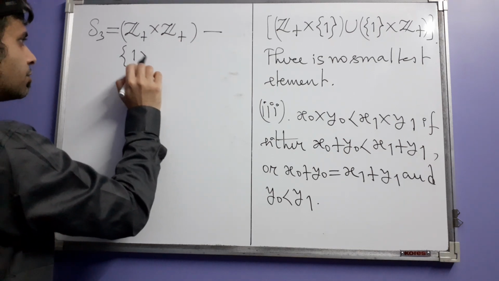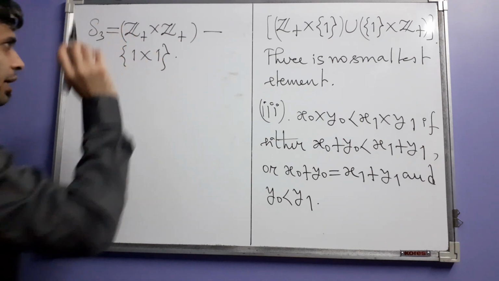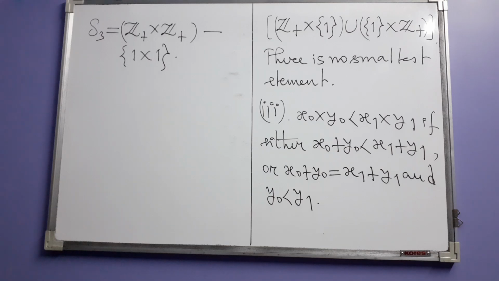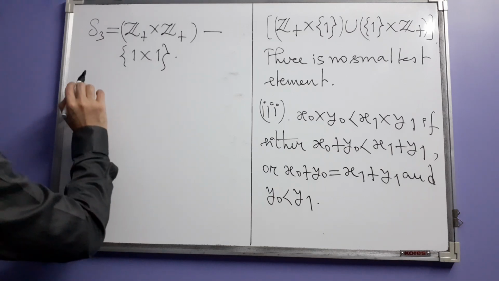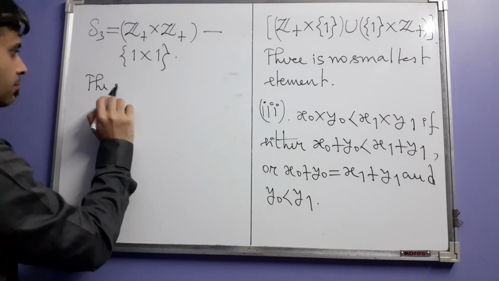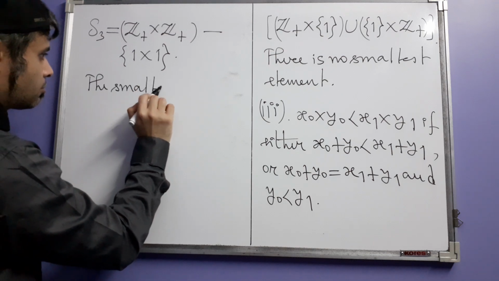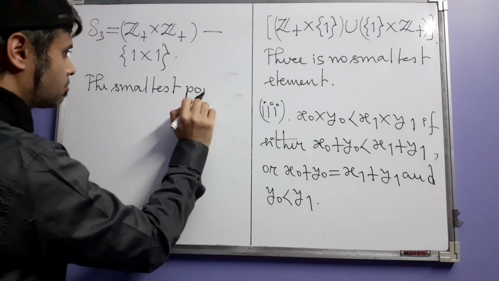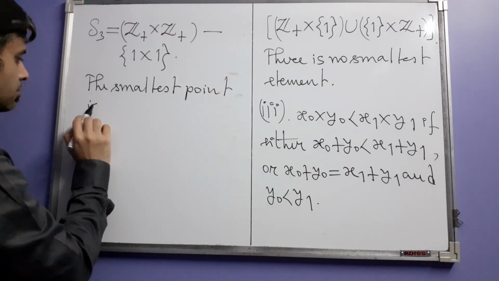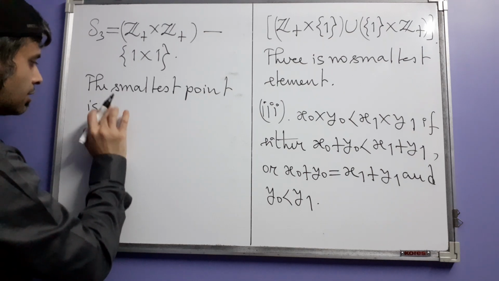We just have to remove this one point from the set of all points. The smallest point is 1 times 1 or 1 comma 1.